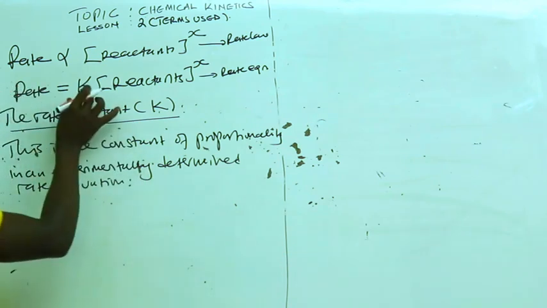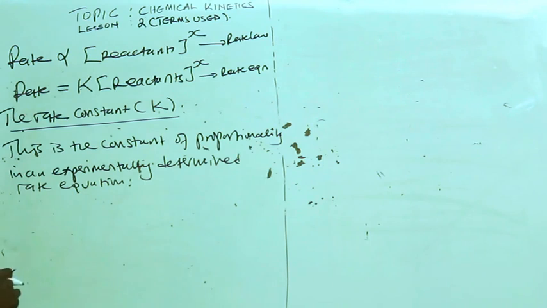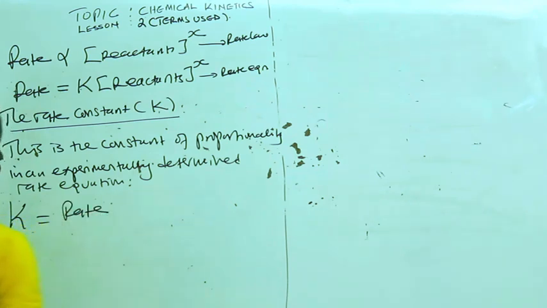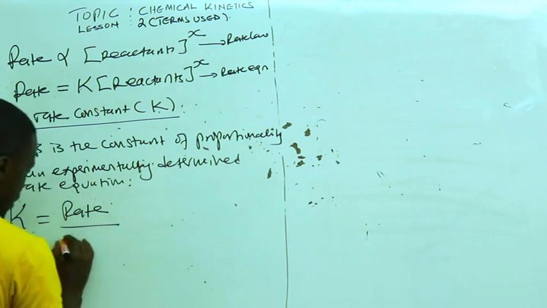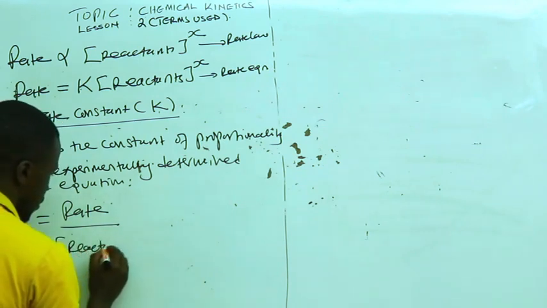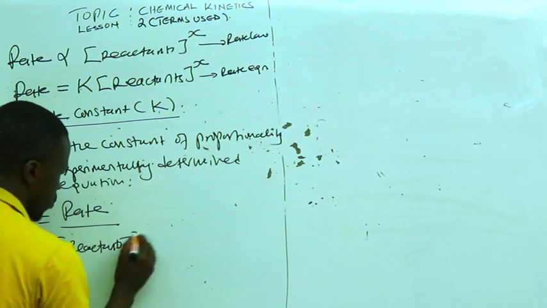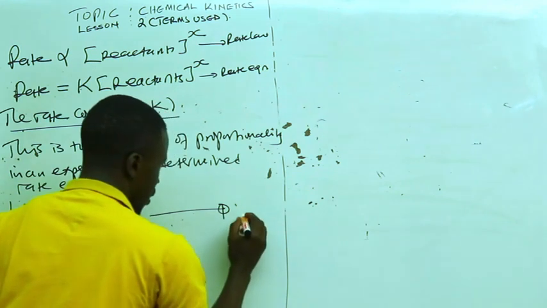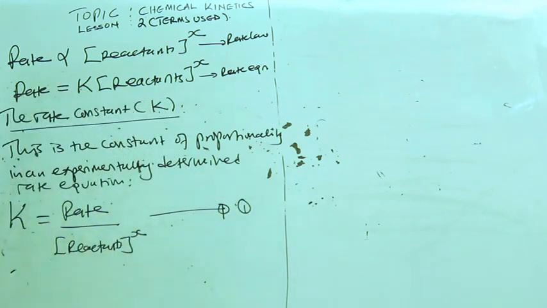Alternatively, if we make K the subject from this equation, then K will equal the rate of the reaction over the molar concentration of the reactants raised to power x. And by looking at it this way, someone could define the rate constant differently: rate divided by the molar concentration of reactants raised to appropriate powers.